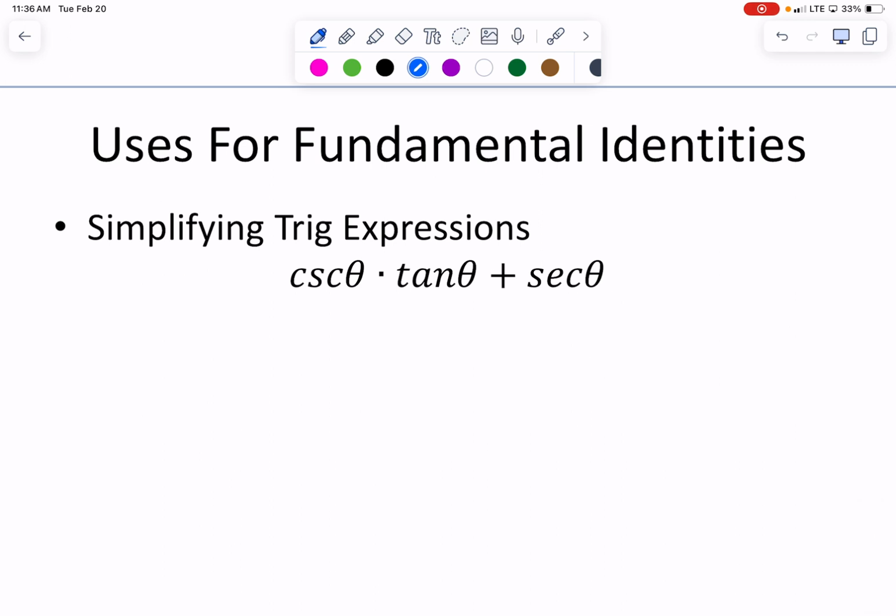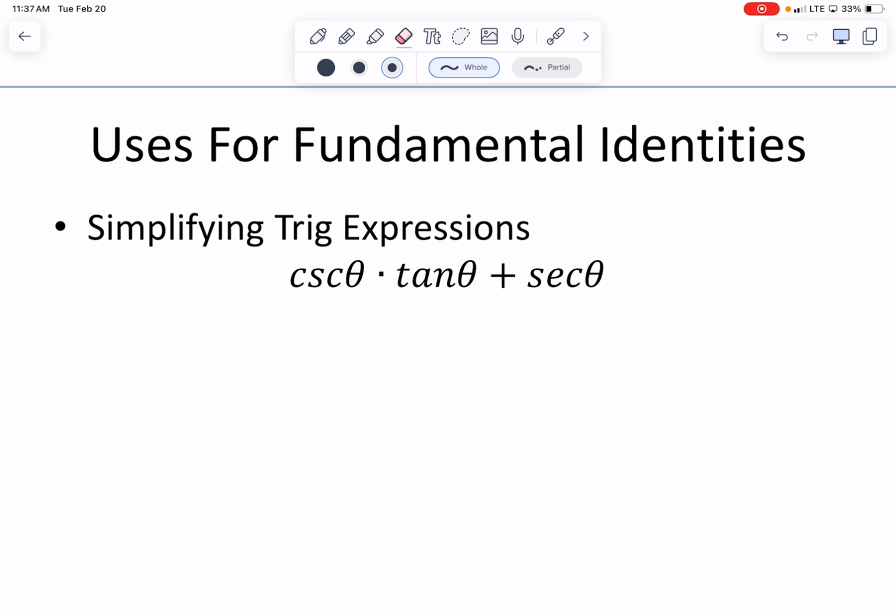Simplifying trig expressions. Here is where we are looking to take our trig identities, which is why you have them on your notes, so you can look at them and recognize them. And we're trying to get all the terms down to as few as possible, right? So if I'm looking at this, one of the techniques that we can use is to turn everything into either sines or cosines.